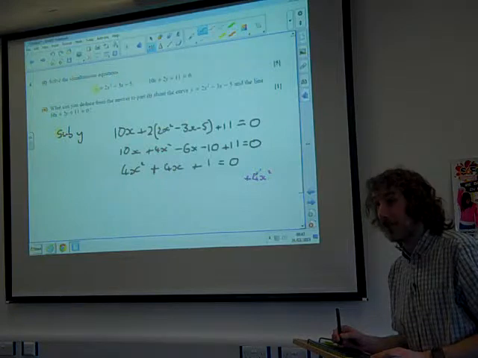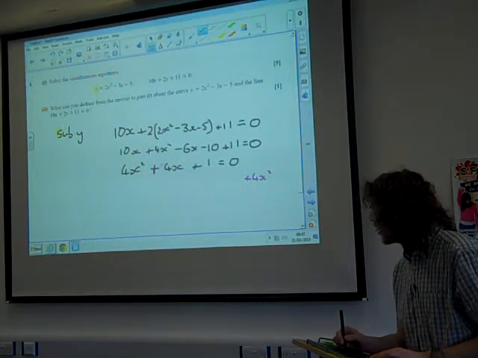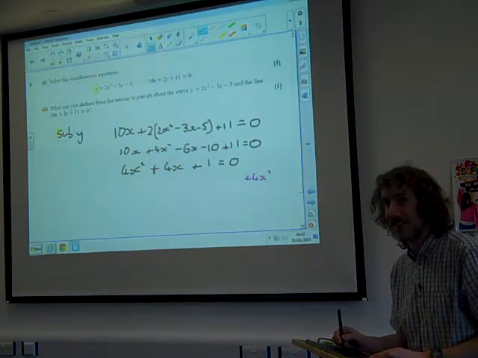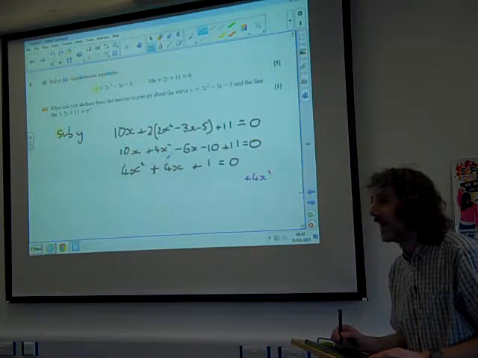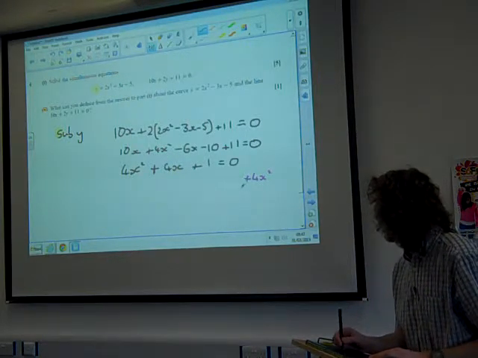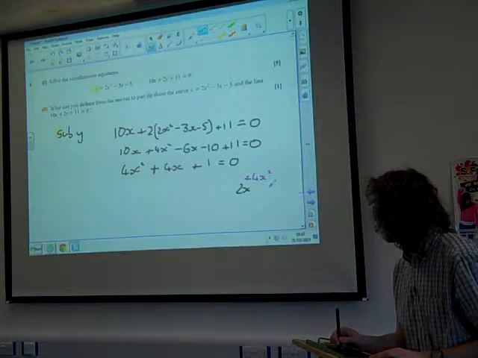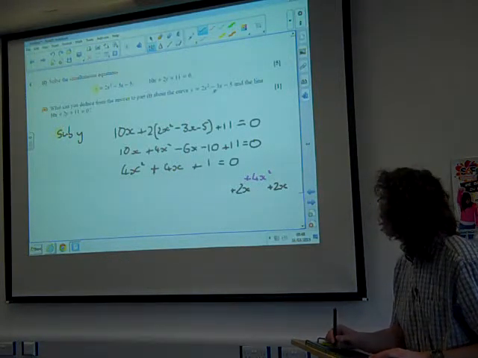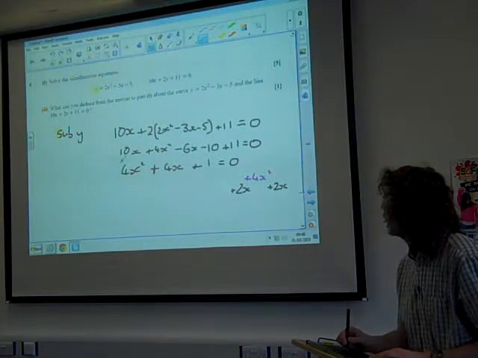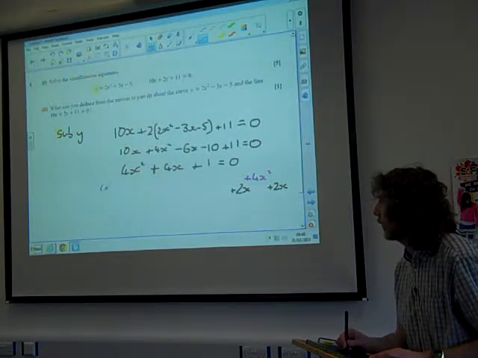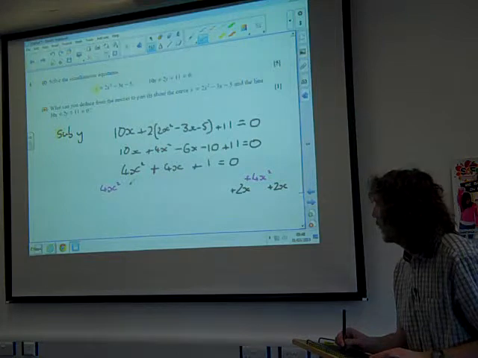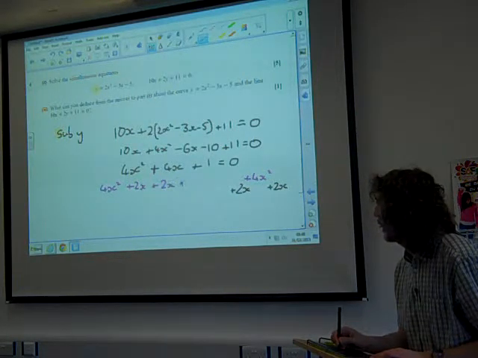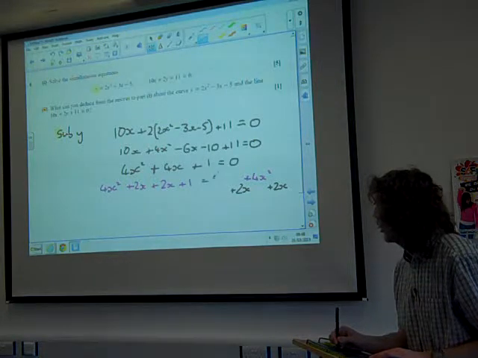So, can we think of 2 things that multiply to give 4 and add to give 4? Yes, 2 and 2. So that's going to be 2x and 2x. Oh no, the colours are all messed up there. This is a disaster. 4x squared plus 2x plus another 2x plus 1 is 0.